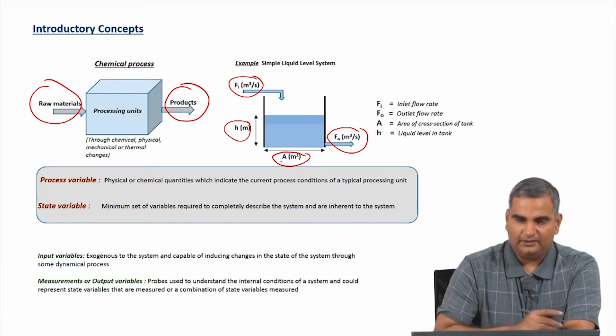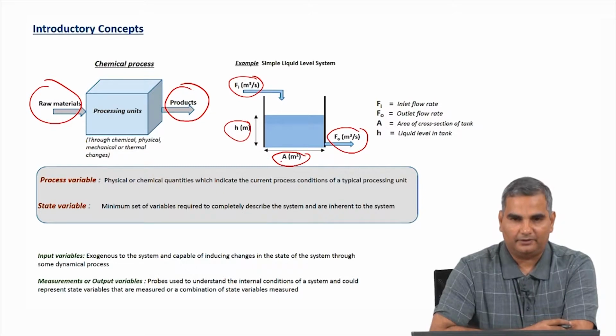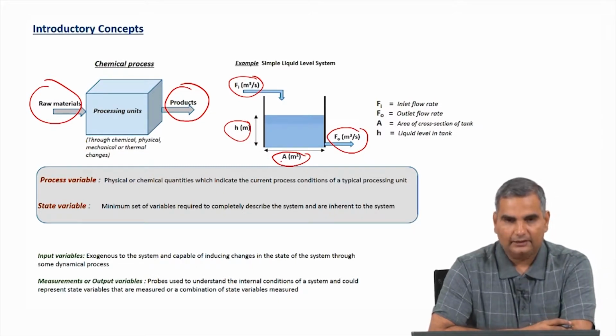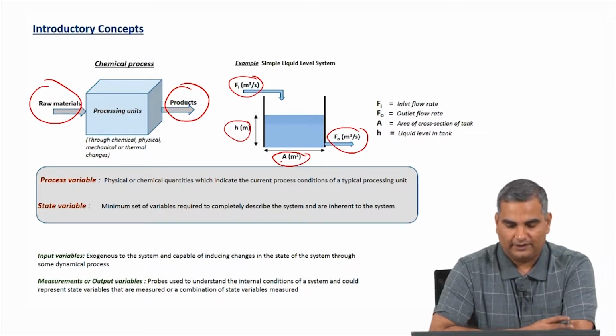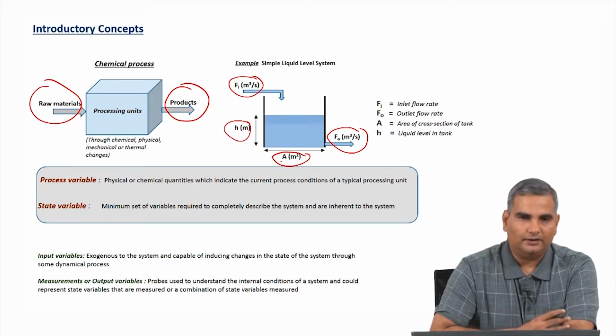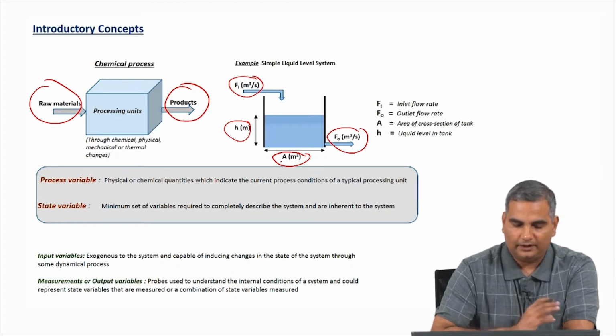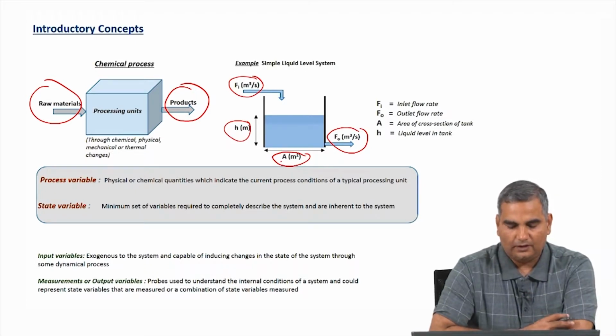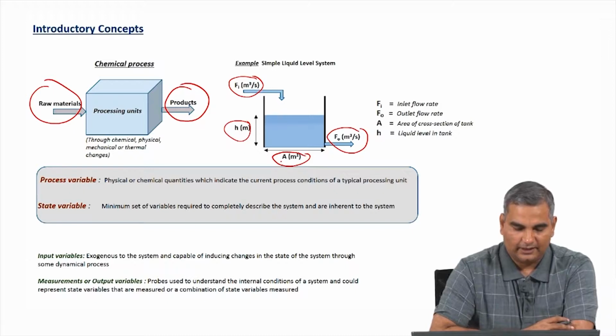However, we would call this A a design parameter. The A value, the area of this tank, is fixed once we have the tank in place, that is once it has been designed. So, it is not changing while the process is operating. So, we might think of variables as being the process variables or design variables such as A.